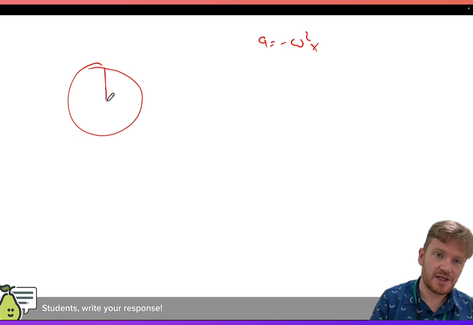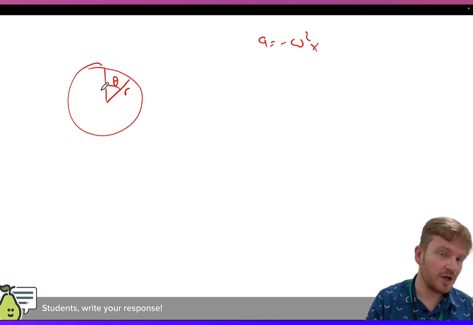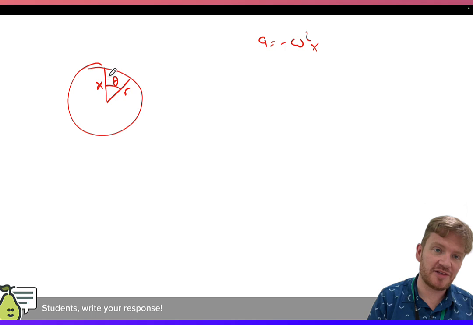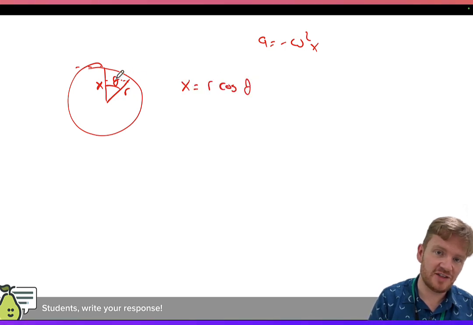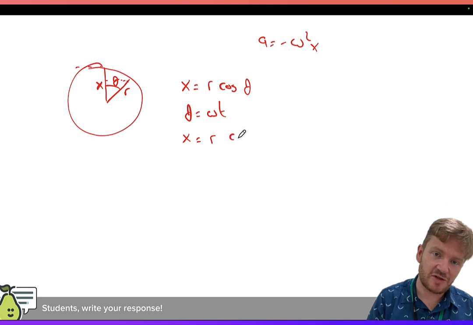So, if we're assuming something acting with simple harmonic motion is acting exactly the same as something undergoing circular motion, but I only care about its displacement in the x direction, so I care about this x component of it, then I can say that its displacement x is equal to r cos theta. This is theta, r cos theta. Now I know that theta is omega t, so I can say x is r cos omega t.